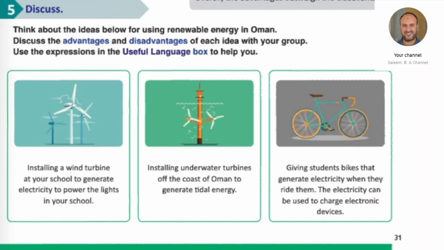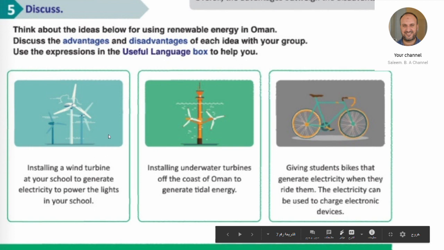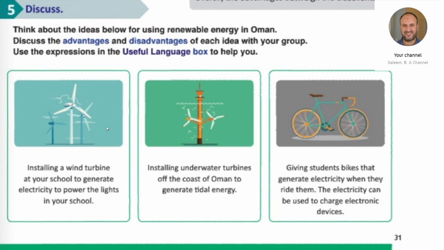Think about the ideas below for using renewable energy in Oman. Discuss the advantages and disadvantages of each idea with your group. We have the first idea: install a wind turbine at your school to generate electricity to power the lights in your school. The second idea: installing underwater turbines off the coast of Oman to generate tidal energy.